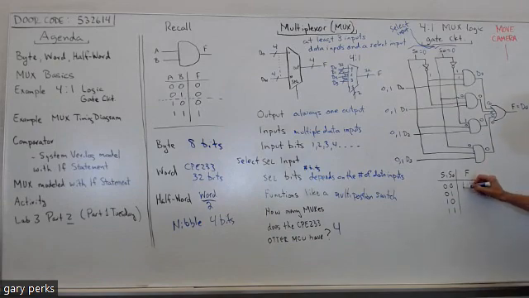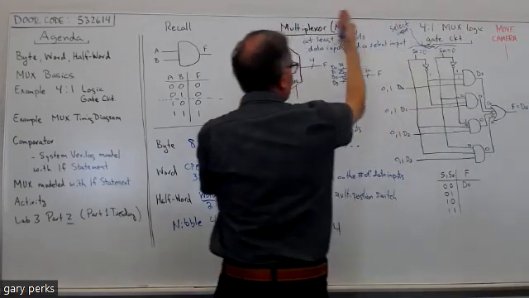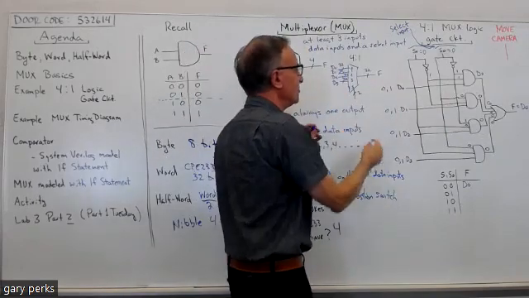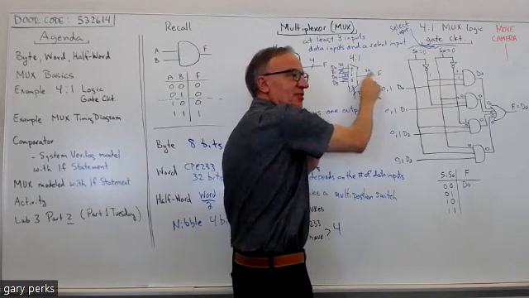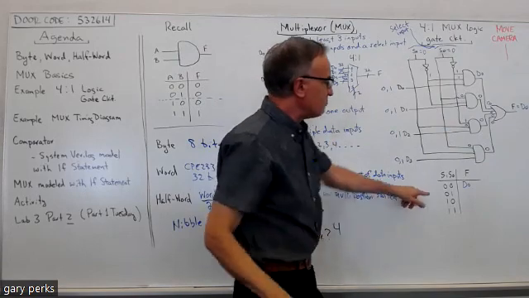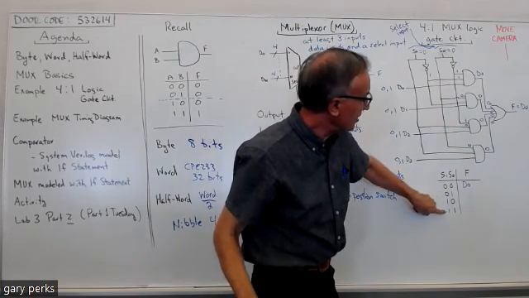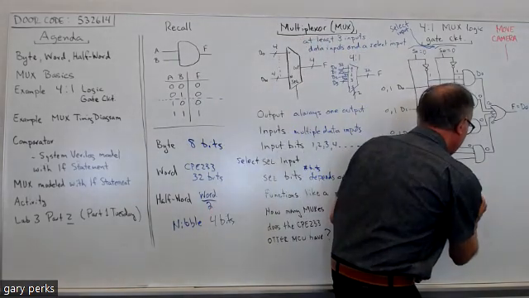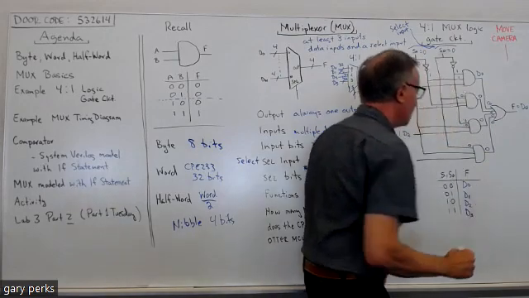Okay, so you see, when the select bits are both 0, we're going to get the data D0 out. And that's exactly what we were talking about when we were talking about the function of a mux, when we were looking at the symbol, right? We said if the select is a 0, the data D0 will be at the output. And if you went through the same analysis for these select values, you would see that 0 1, we get D1, 1 0, we get D2, 1 1, we get D3.